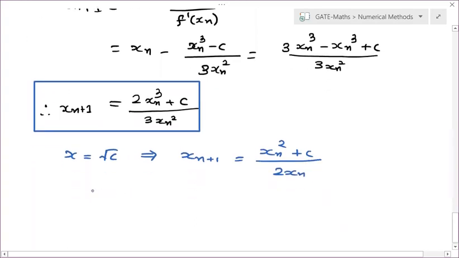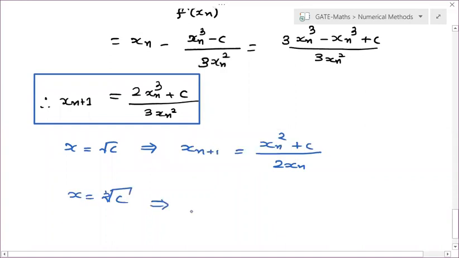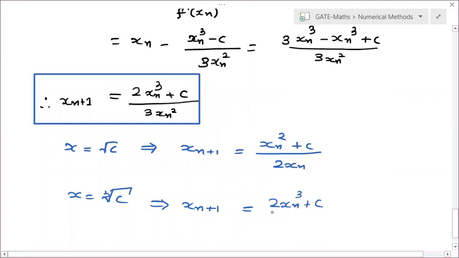Okay. If x is equal to cube root of c, at that time we got x(n+1) is equal to, sorry, (2 times xn cube plus c) divided by 3xn square, or not.